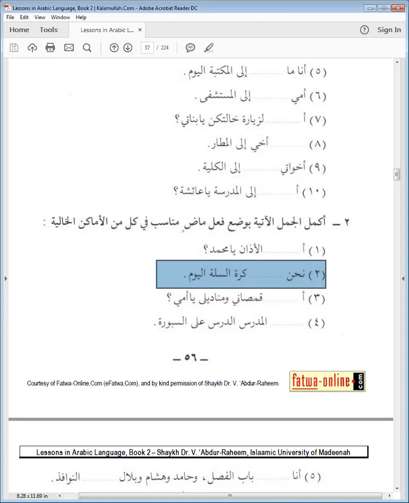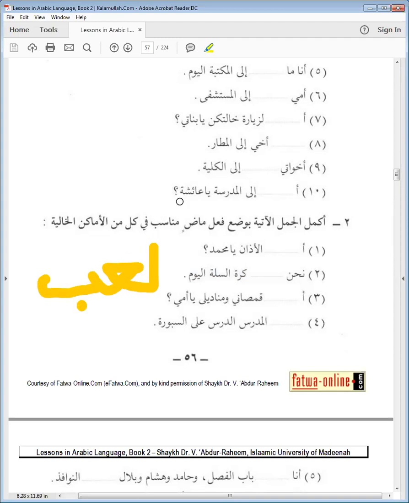So the verb is la'iba, lam, ain, ba, la'iba, right? Let me see if I can write it in here. So this is the root verb, lam, ain, ba, la'iba, right? So as we did with the others, if you add on anything at the end, the ba will take a sukoon and then we attach the pronoun at the end.